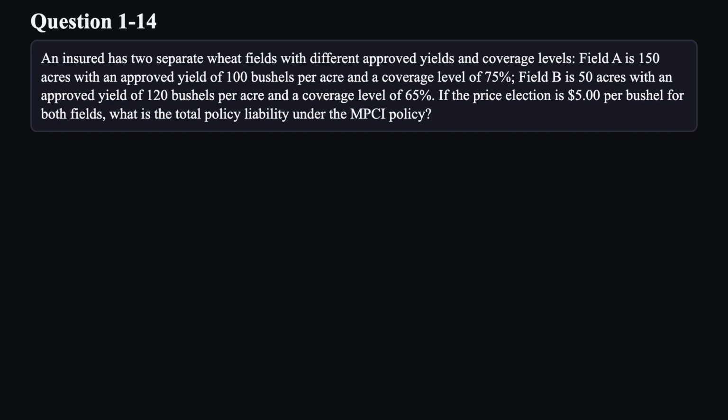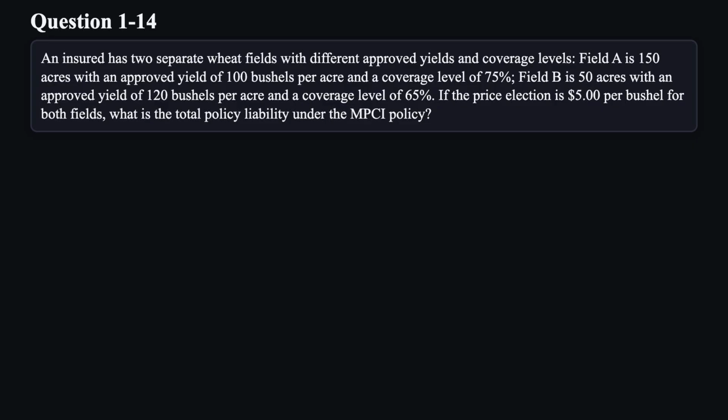Question 14. An insured has two separate wheat fields with different approved yields and coverage levels. Field A is 150 acres with an approved yield of 100 bushels per acre and a coverage level of 75%. Field B is 50 acres with an approved yield of 120 bushels per acre and a coverage level of 65%.